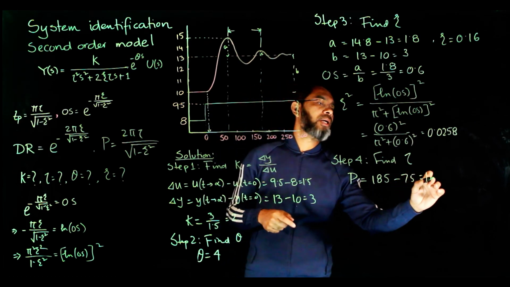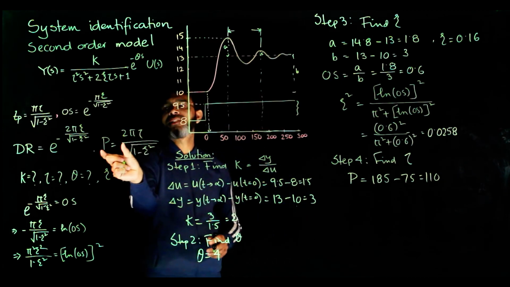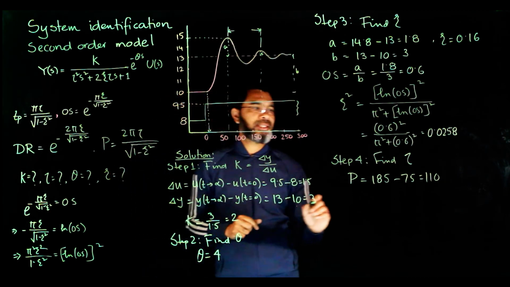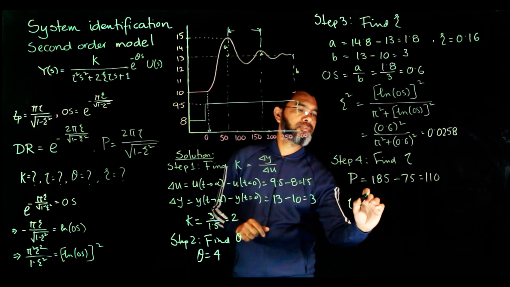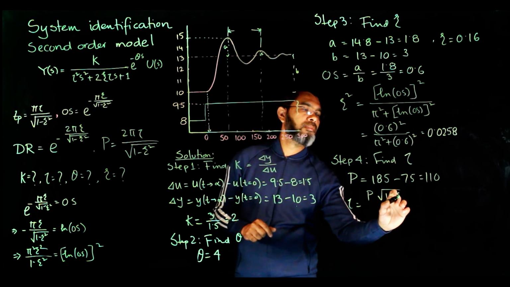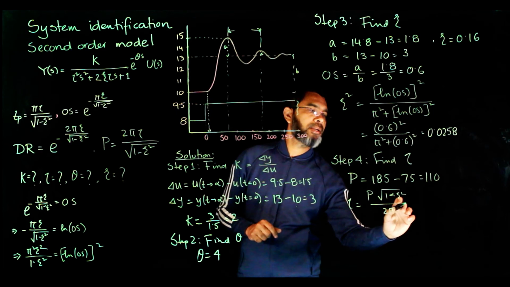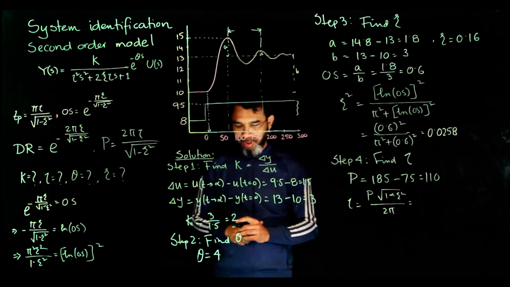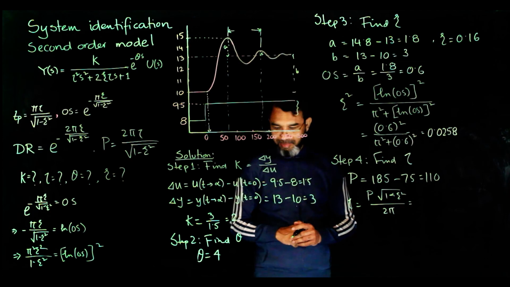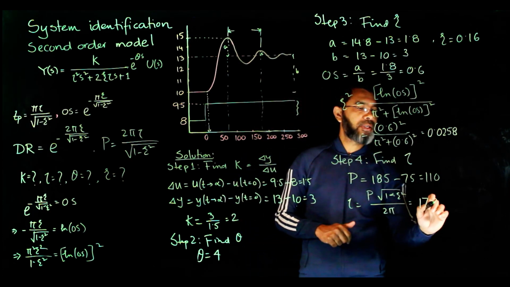So this gives us some 110. Okay. And now directly from this relation, you get tau equals twice pi. If you simply plug in this value, you will end up getting a tau to be around 17.3.